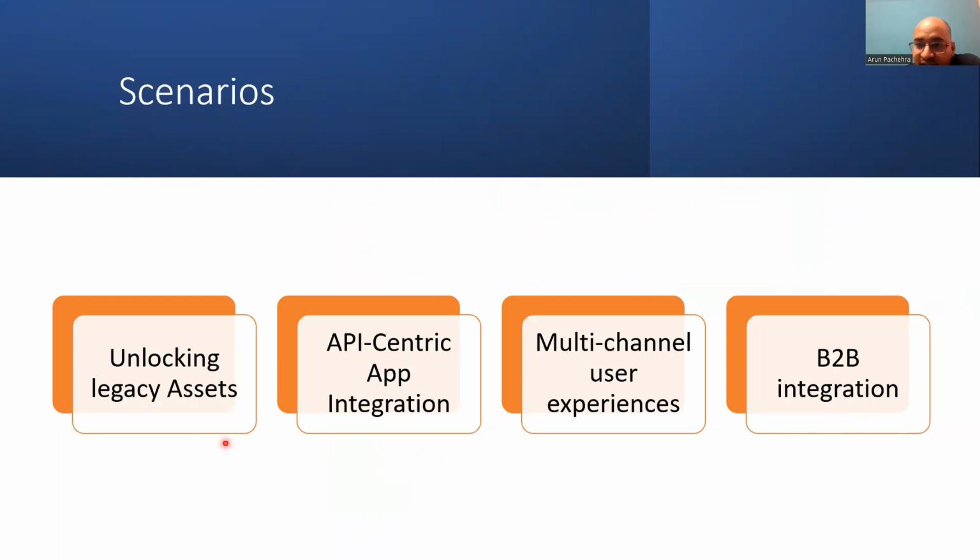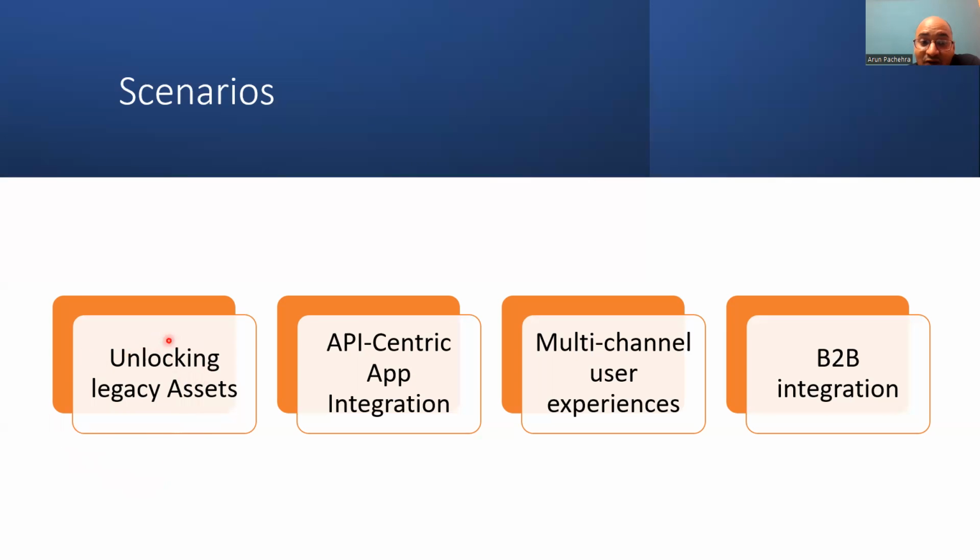The very first is unlocking legacy assets. Well, we all know if we need to modernize the legacy stuff, it requires time, cost, manpower, a lot of things. But APIs can be used to abstract and modernize legacy backends and make them accessible from new cloud services and modern applications, which means APIs allow innovation without the risk, cost, and delays of migration.